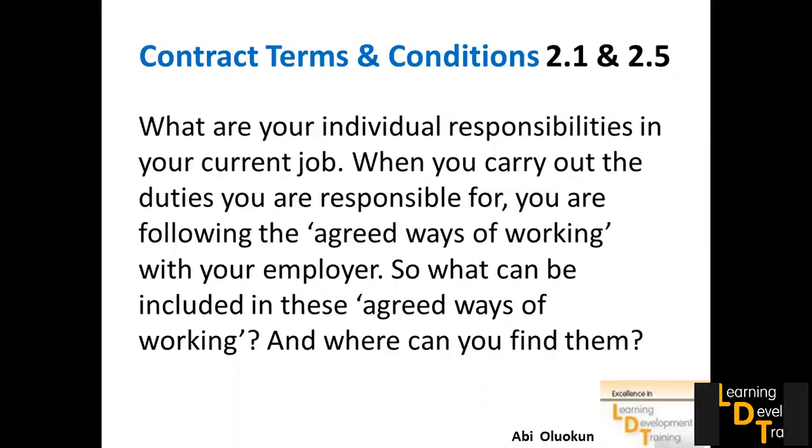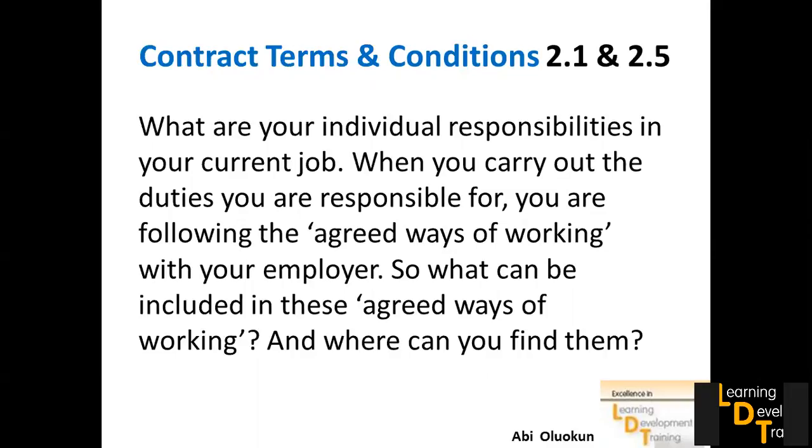And the next learning outcome is the second main learning outcome, which is around your contract of employment, the terms and conditions by which you have been employed, and you need to understand these things. So what are your individual responsibilities in your current job?